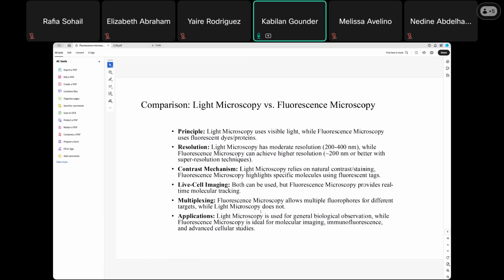For resolution, light microscopy has 200 to 400 nanometers, while fluorescence microscopy can achieve higher resolution, approximately 200 nanometers or better with high-resolution techniques. For contrast, light microscopy relies on natural contrast or hematoxylin and eosin staining, whereas fluorescence microscopy highlights specific molecules using fluorescence targets.